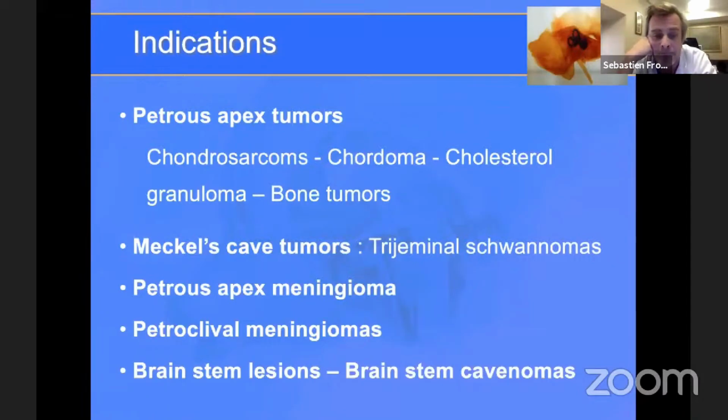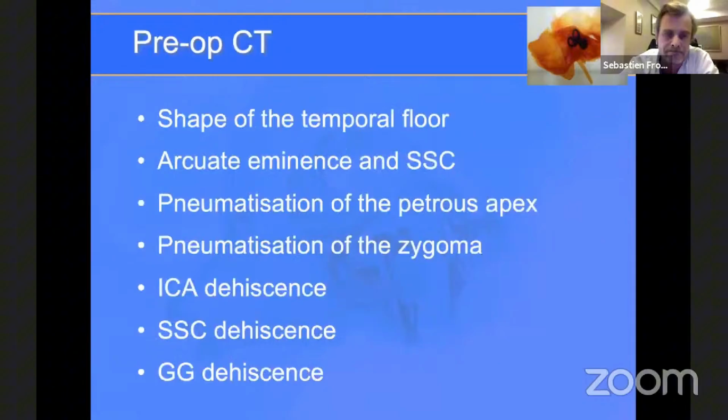Petrous apex meningioma, sometimes when it's going quite deep into the brainstem, pushing the brainstem posteriorly, it can be interesting to have a more anterior line of sight. It's part of the approach for some petroclival meningiomas, sometimes alone when the tumor is not too low, but sometimes combined with posterior petrosal. And it's a nice approach, in my opinion, for some brainstem cavernomas.